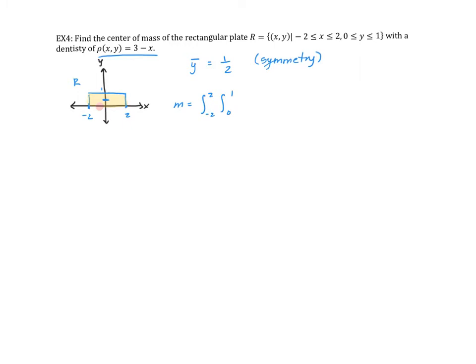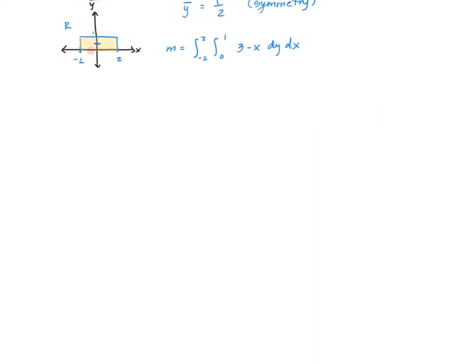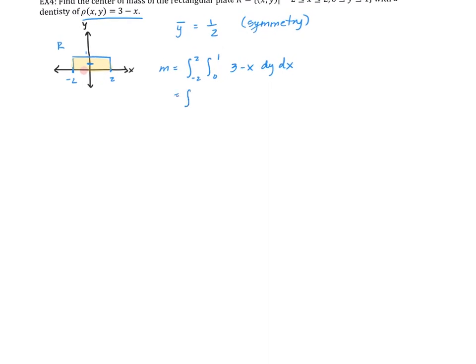I have the density function 3 minus x, and this is a dy dx. Integrating first with respect to y gives me 3y minus xy, evaluated from 0 to 1.